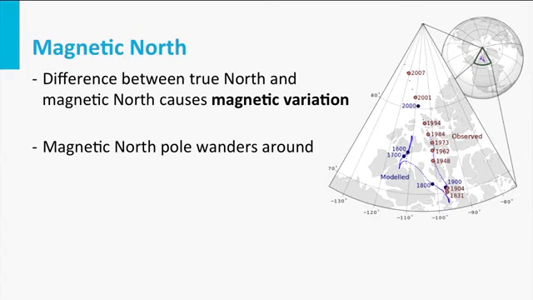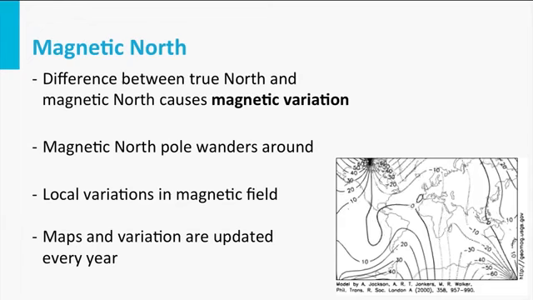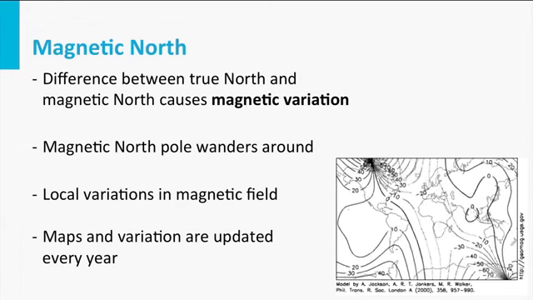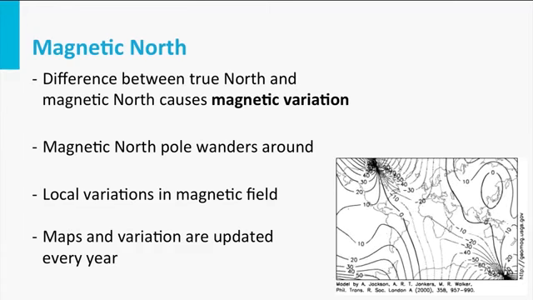The magnetic North Pole is not a steady position, but it depends on the convection in the Earth core. And these convection patterns change, and this means that the field of the Earth changes over time. We see an animation here which shows how the variation changes over time.